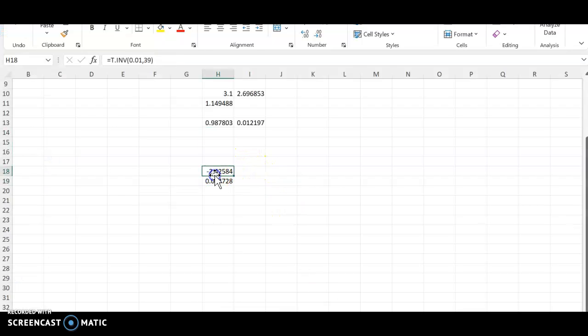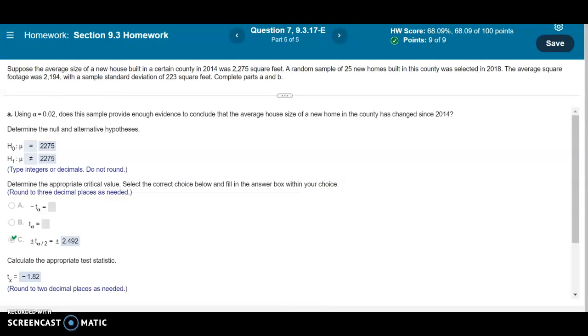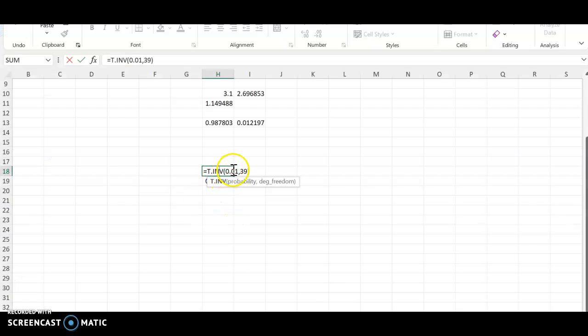If it's a two-tailed test, then let's see what our alpha is here, 0.02, and n is 25. So 0.02, and then our degrees of freedom would be 24.